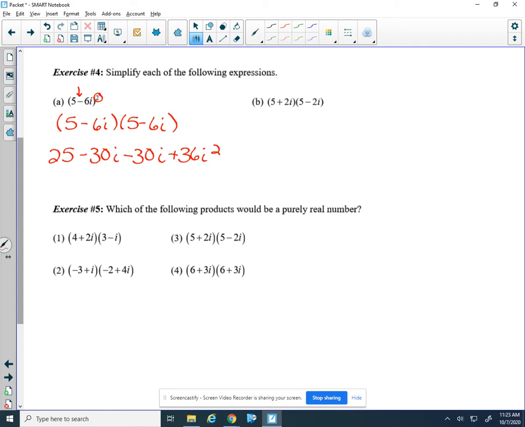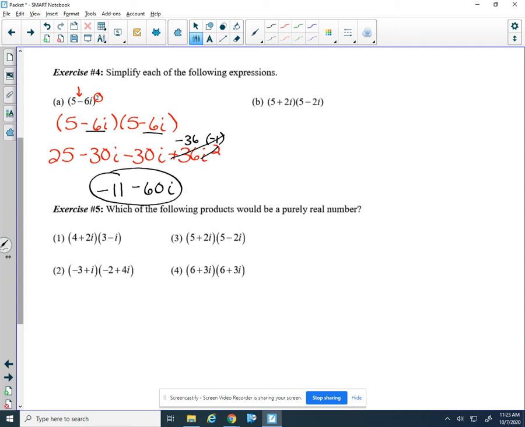So on this one, we have that positive 36i squared from these two. We know that since i squared is -1, that's actually going to become a -36 here. So 25 minus 36 is -11, and -30i minus 30 more i is -60i. So that's my answer to that.